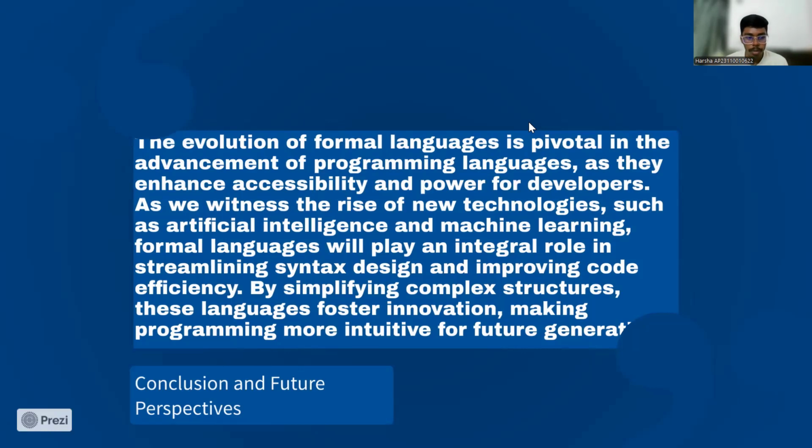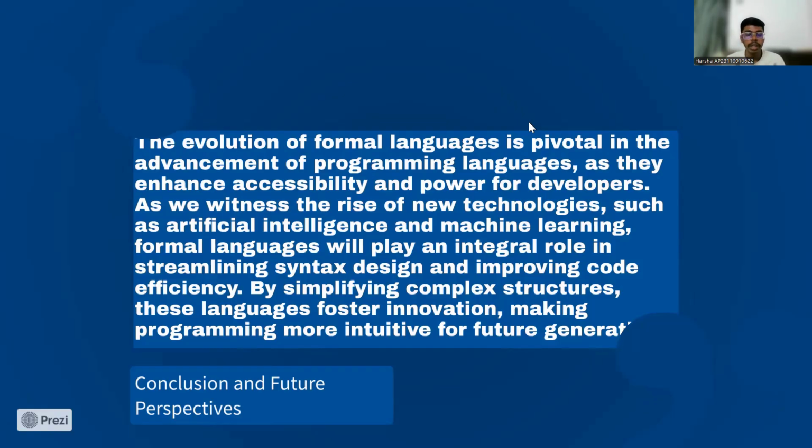So, the role of formal languages: the foundation of programming, ensuring clarity and correctness. Evolution of technology: formal languages are improving with artificial intelligence and machine learning. And the future impact: easier programming languages, more automation, better code efficiency. So formal languages make programming structured, efficient, and understandable.